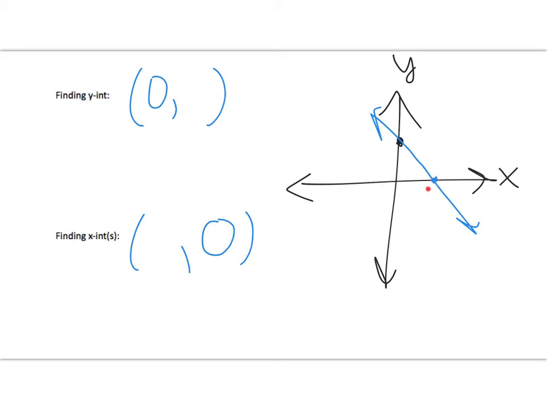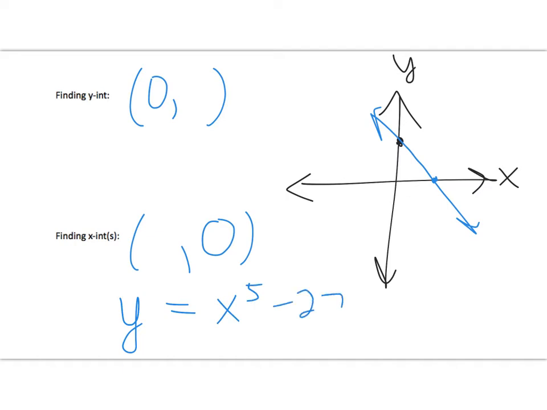You need to be anchored to the x-axis, which means y is 0. You're just going to go left or right, and that's kind of how we say the coordinate of the x-intercept. So it's kind of opposite, if you will. If you want to find the y-intercept, you make x be 0. If you want to find the x-intercept, you make y be 0. So this idea is very, very important. You know, I might ask you, what's the y-intercept?